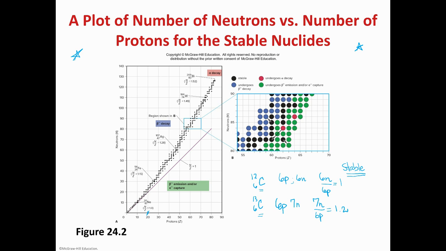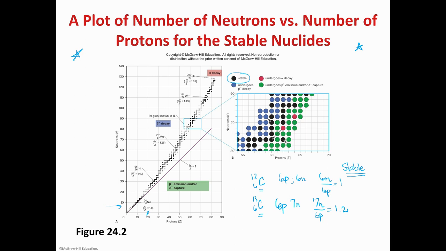Okay, so this then begins our discussion of this chart. You see the black dots. Those are stable isotopes. So looking up here, see where it says stable? It's a legend. So anything on this chart that has the black dots, that's representing a stable isotope of that element.